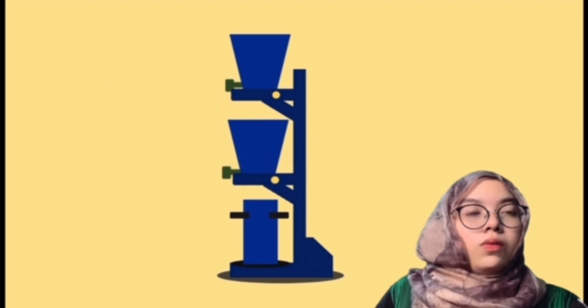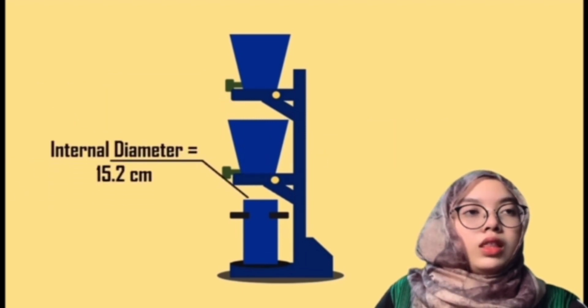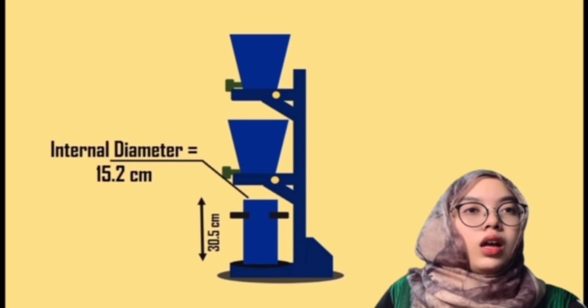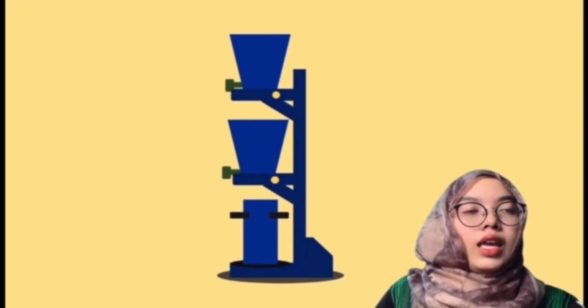The cylinder has an internal diameter of 15.2 cm and an internal height of 30.5 cm. The distance between the upper and lower hoppers and the cylinder is 20.3 cm. A steel tamping rod of 16 mm diameter and 60 cm length is also used to compact the concrete.